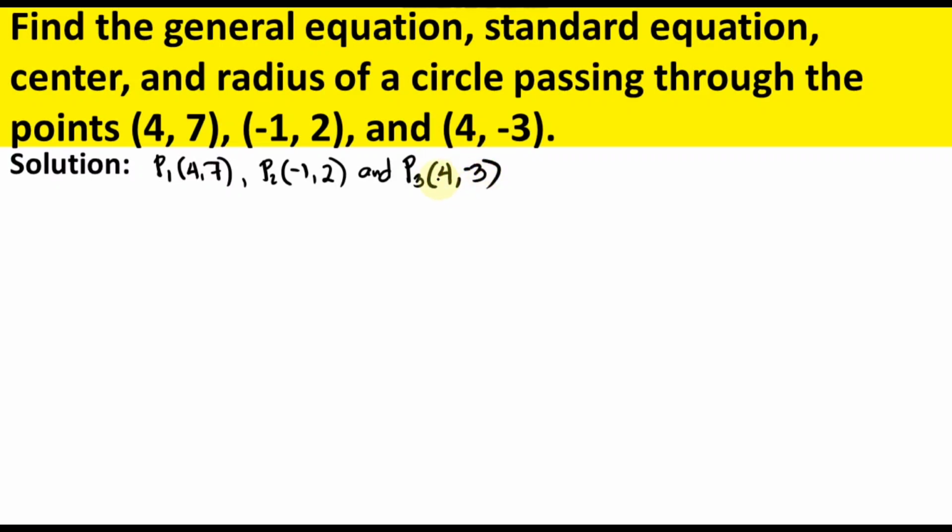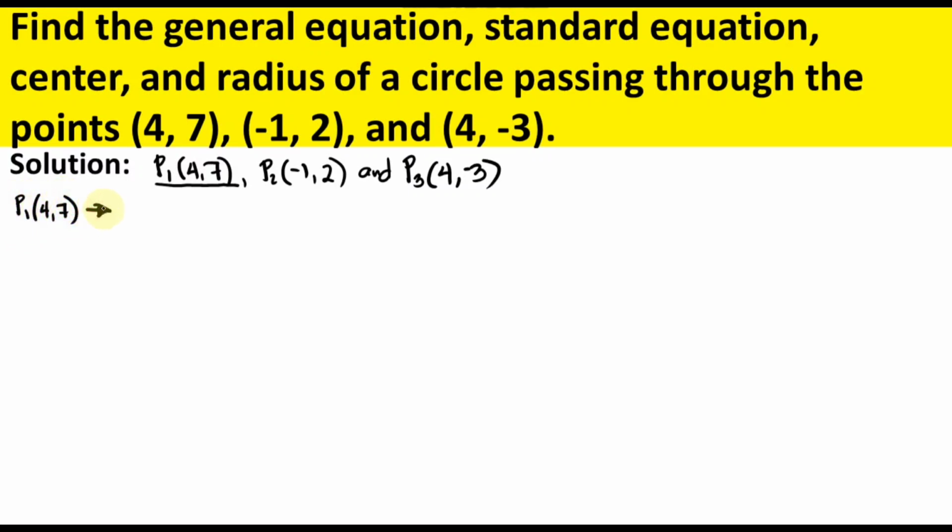Next, we will find the general equation. So ang general equation natin, we will use ito muna point 1. So point 1 natin is (4, 7).